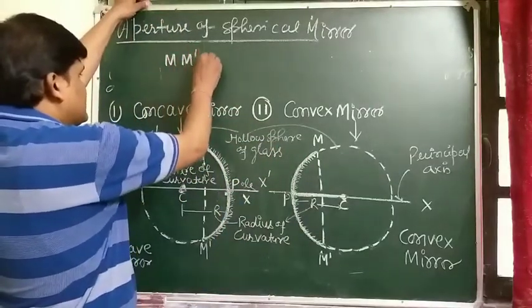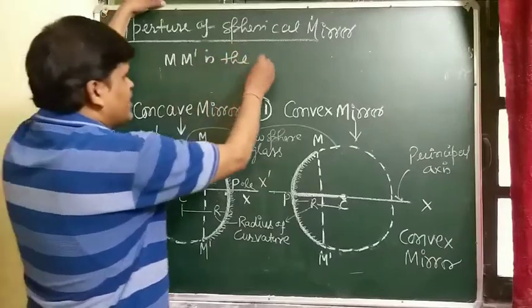M dash is the aperture of the spherical mirror.